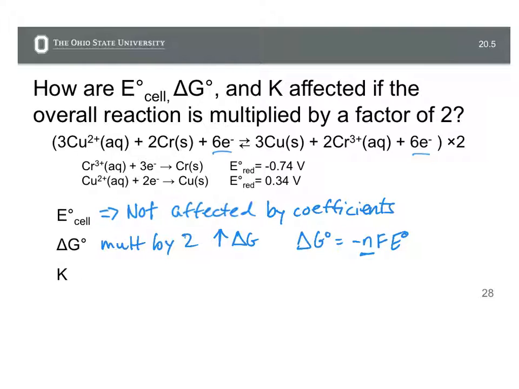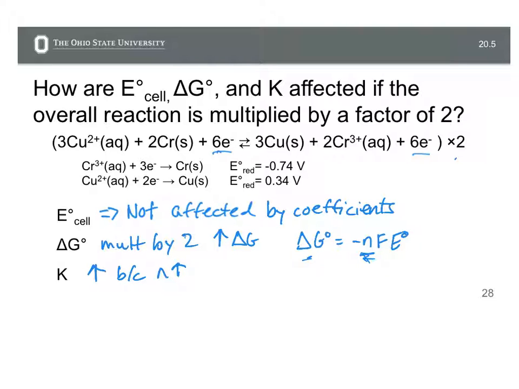So if we multiply this equation by 2, we have to multiply the electrons by 2, which means we have more electrons transferred, which means delta G will increase. Well, larger magnitude. Same with K. K will increase because N increases.